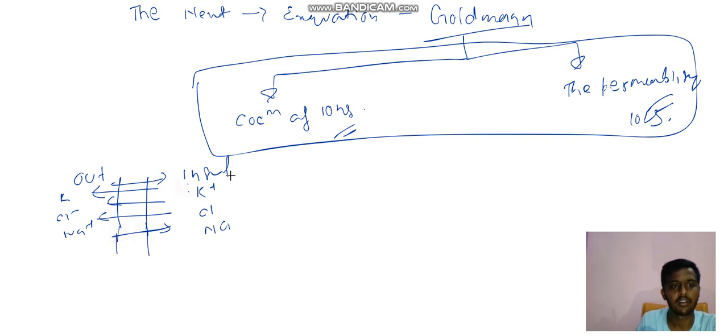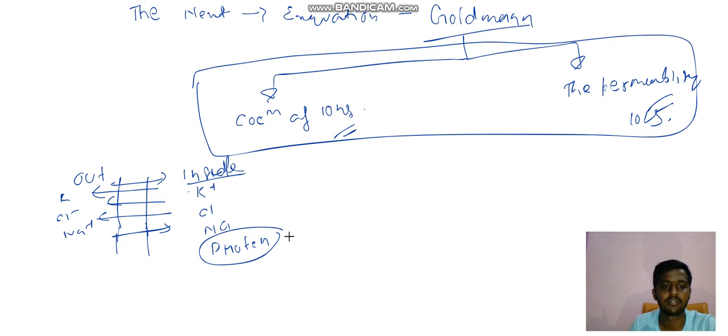This is inside, here is outside, they can go and come out. But in the case of protein, we all know that at high pH the protein is negative. So the negatively charged protein can't cross, since it's a macromolecule.